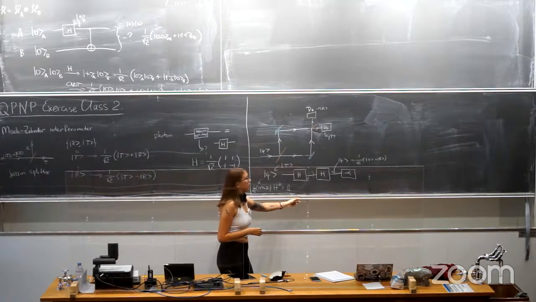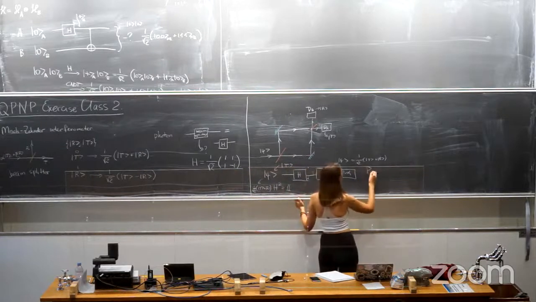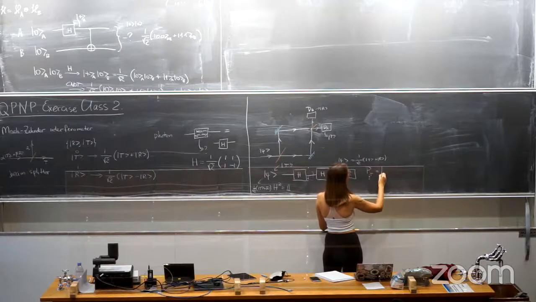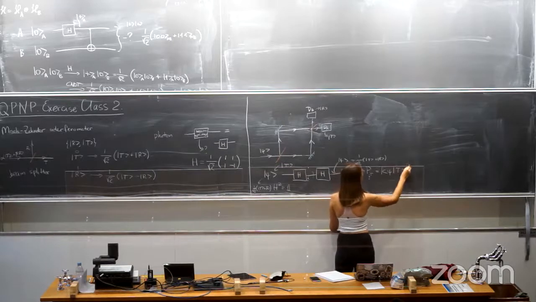And then if you have such a state and you measure it in this basis, then the probability of measuring T, according to the Born rule, is just |psi_T| squared.